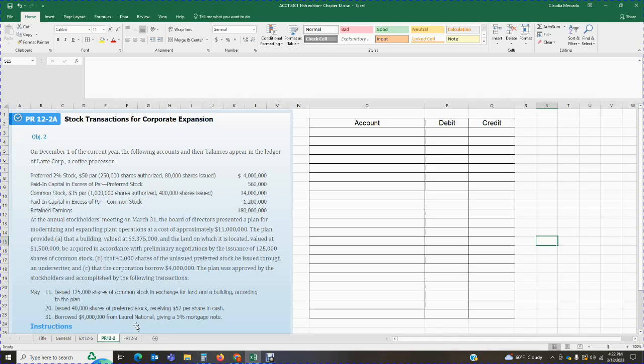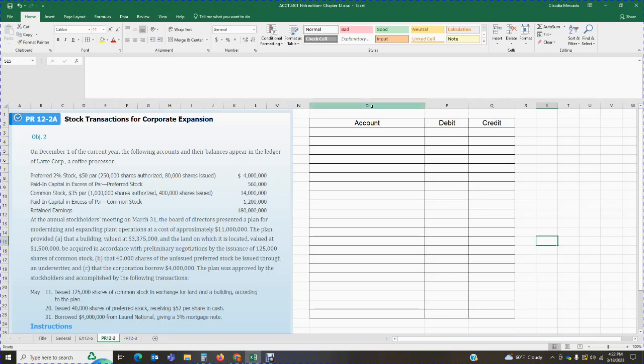B, that 40,000 shares of unissued preferred stock be issued through an underwriter. And C, that the companies borrow $4 million.